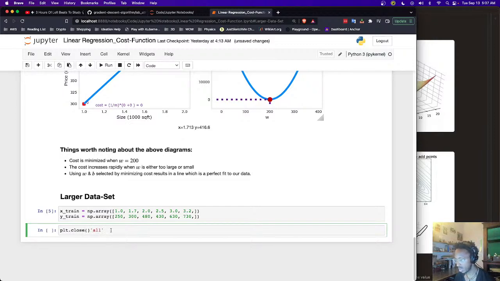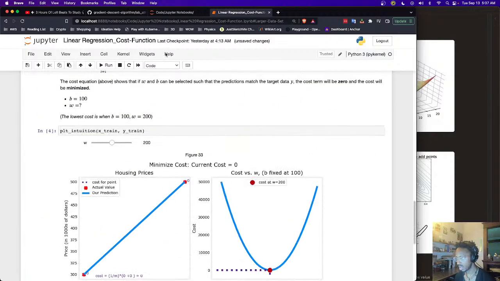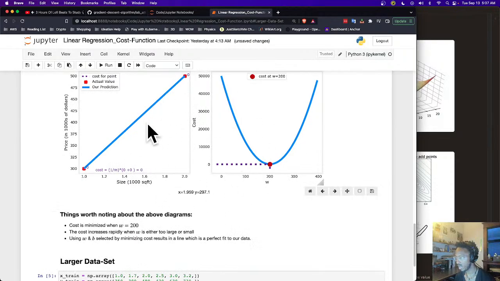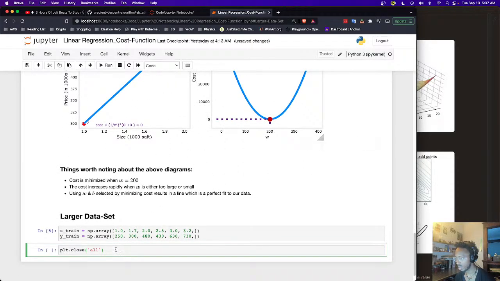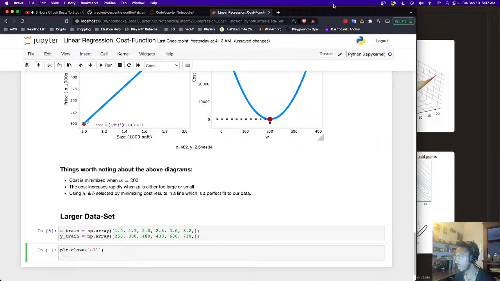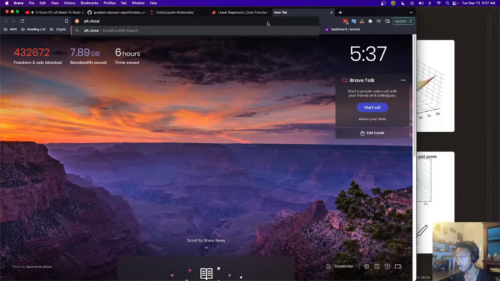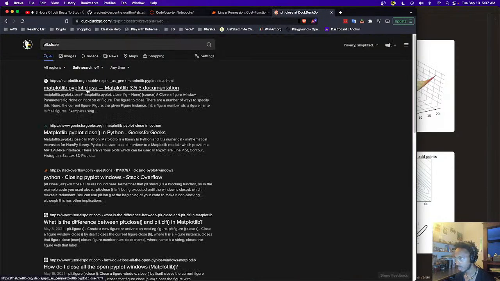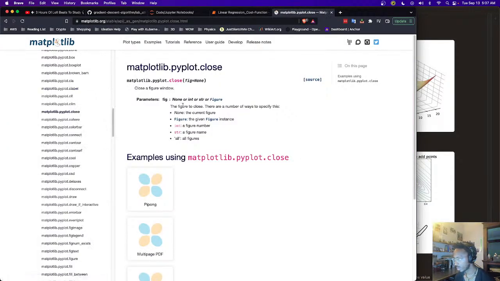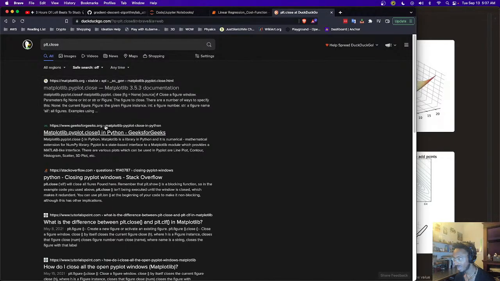I'm not sure what this does, but it says we need it. I think this will probably end this stuff here. I think it's just gonna close that. I guess I could check, why not? That does not help. Closes the figure window.